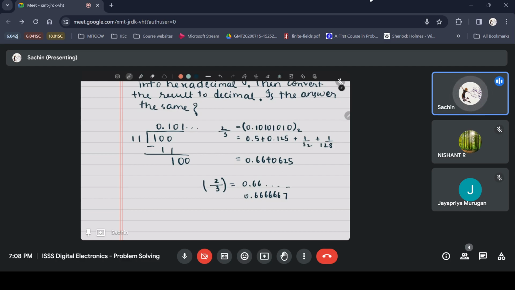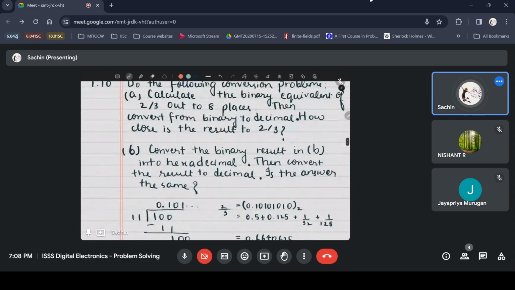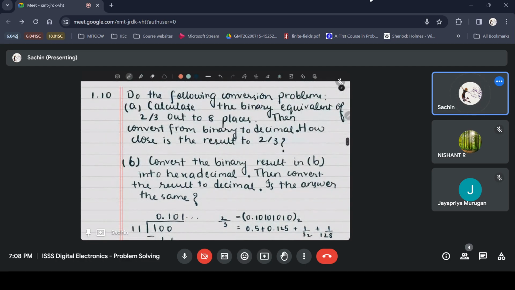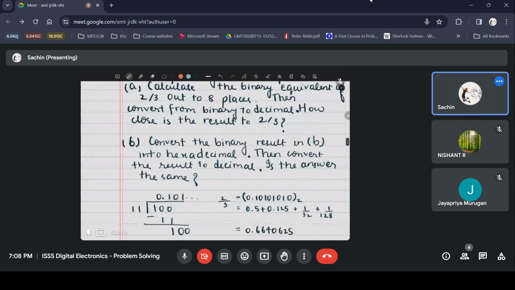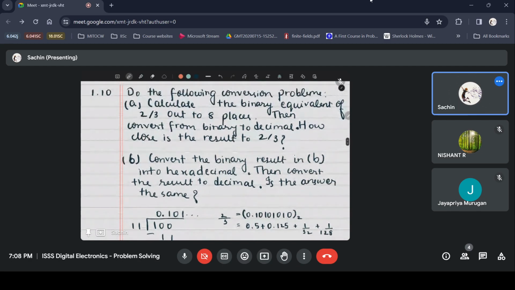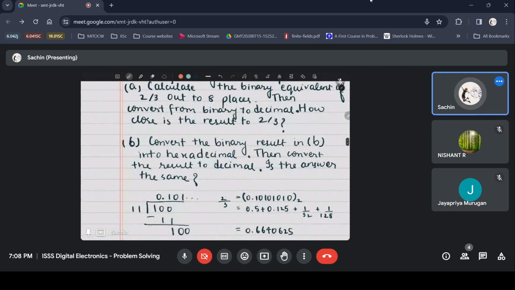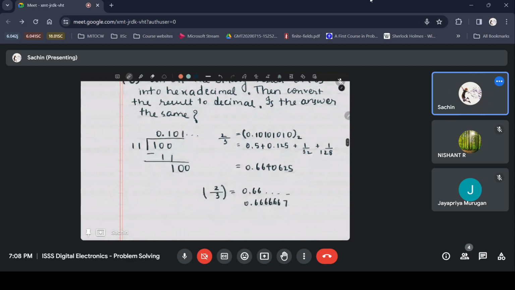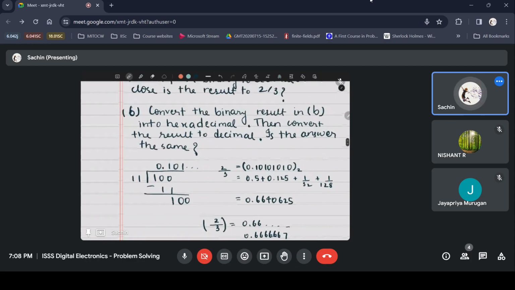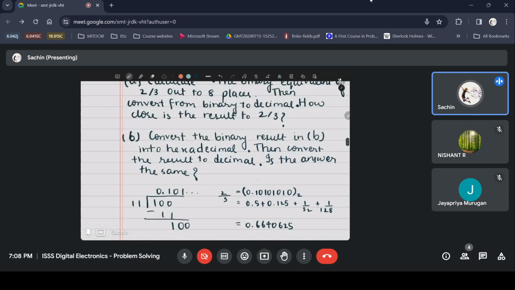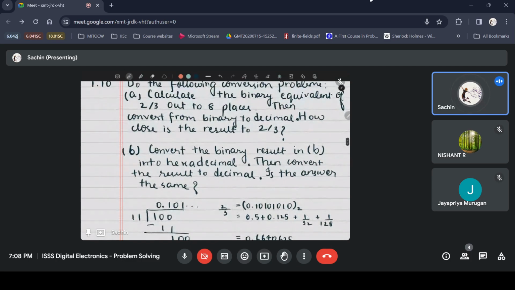You should make sure that this discrepancy doesn't affect your circuit. That's what this question is trying to show. And then you can try it out in hexadecimal. If you convert this binary number into hexadecimal, then the result won't really change. That's what is there in part B, and you can do that yourself.